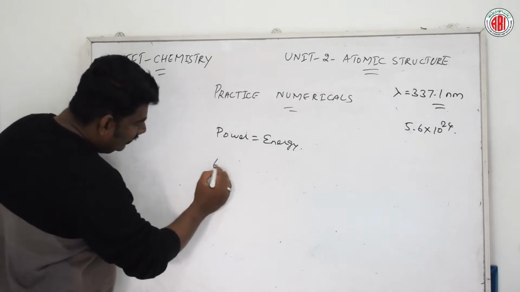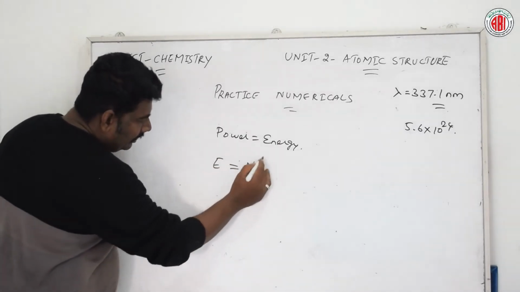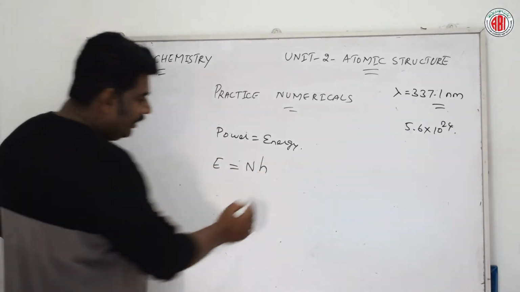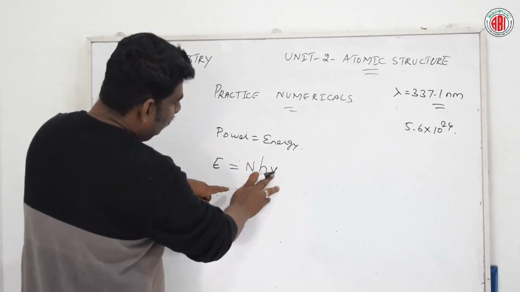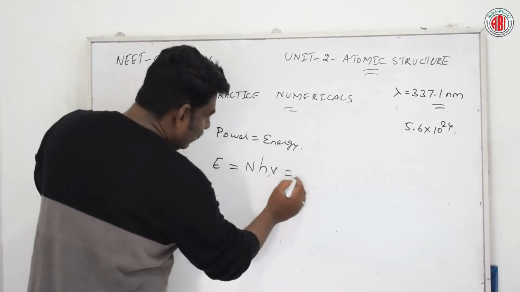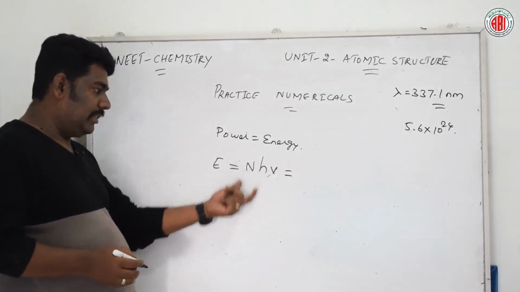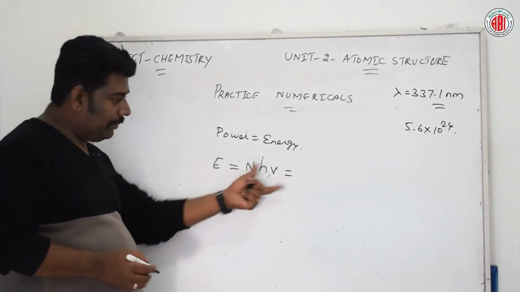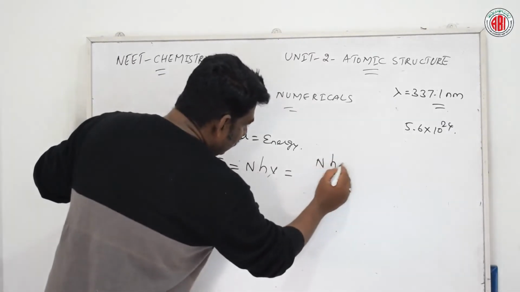So energy is equal to nhν, which can be written as E equals nhc by lambda.